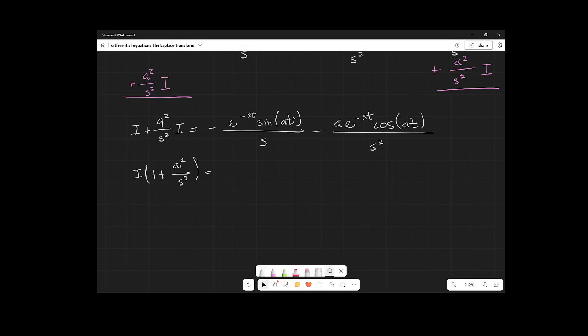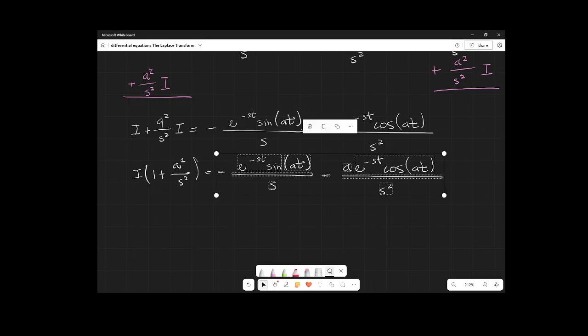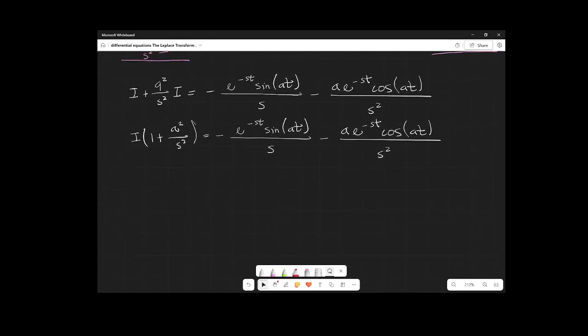Again, same right-hand side expression. And so what I can do now on the right-hand side is I can factor out a negative e to the negative st divided by the s.